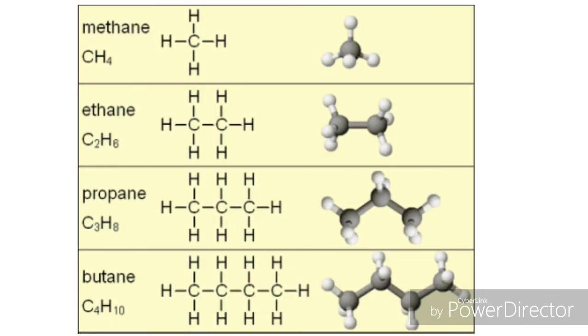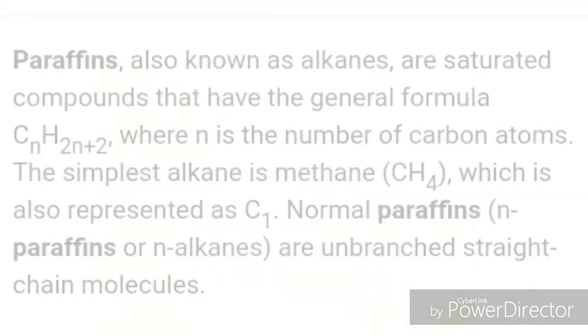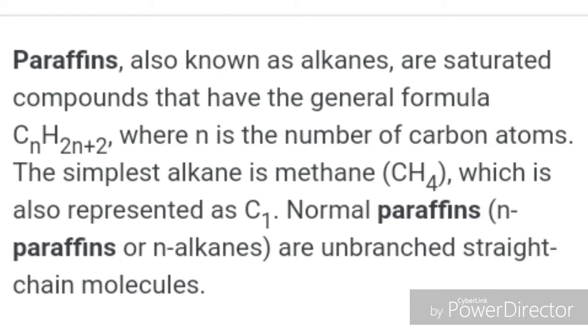Here you can see the structural representation of methane, ethane, propane, and butane: CH4, C2H6, C3H8, and C4H10. Paraffins, also known as alkanes, are saturated compounds that have the general formula CnH2n+2, where n is the number of carbon atoms.